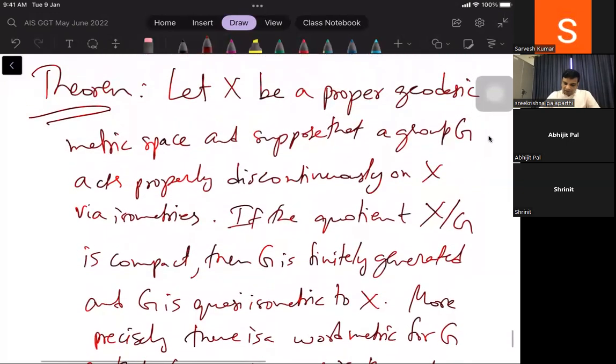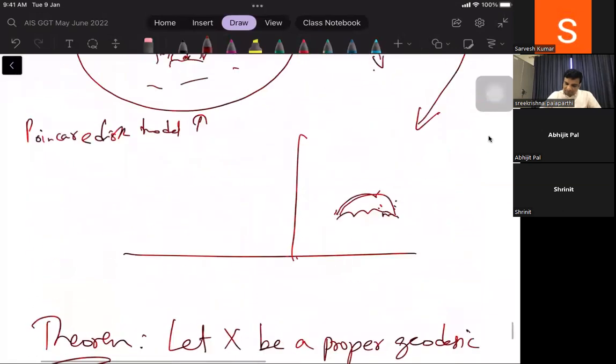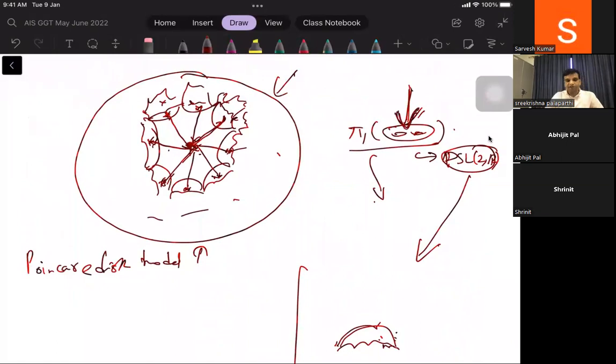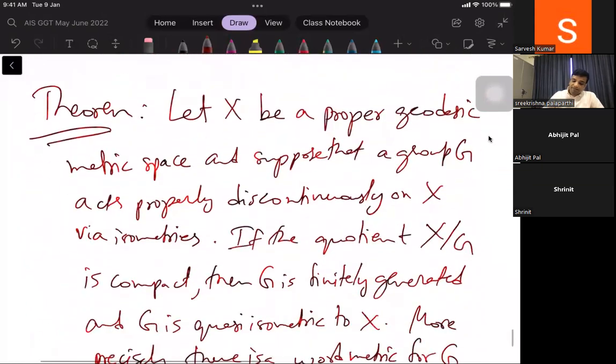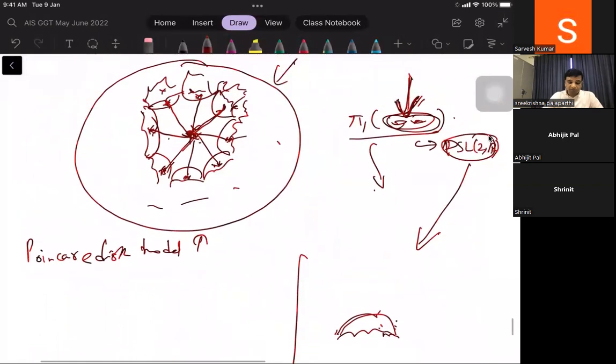So the motivating picture for this theorem is precisely this. You have X by G is compact. When you take the metric space and quotient it by the group action, you have a compact space, then you conclude that the group is finitely generated.